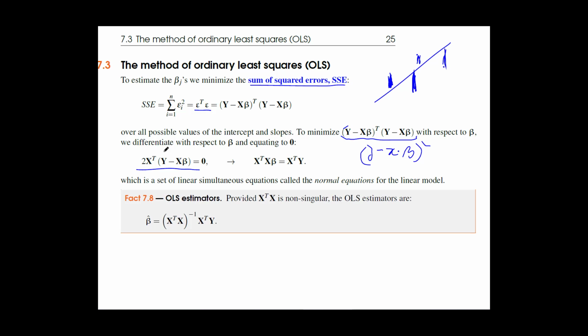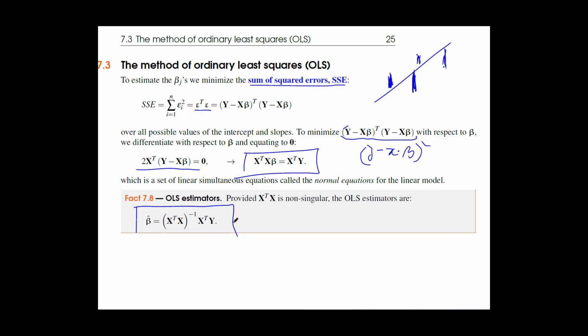Now this is in vector form. From here we obtain that, and then we multiply by the inverse of these matrices and finally obtain the OLS estimators. So really nice and easy. We use the concept that we always use to find the minimum or maximum of a function: derivative set equal to 0. And in matrix form, it's easy like that.